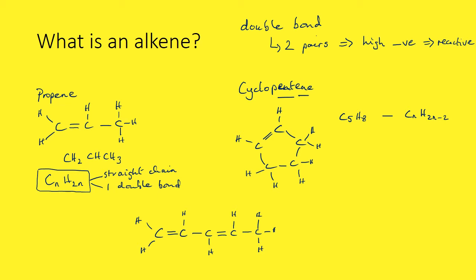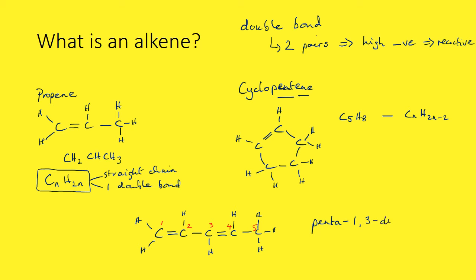Okay, so now we've got a straight chain alkene with 2 double bonds, and what we have to do next in order to name it is to number the carbons. Now we're going to number it in this direction: 1, 2, 3, 4, 5, just numbering those carbons, because that's going to give the name the lowest numbers. You'll see that in a second. All right, so the name of this is going to be penta, because we've got 5 carbons, and the first double bond is on carbon number 1, and the second double bond starts on carbon number 3, and it has 2 double bonds.